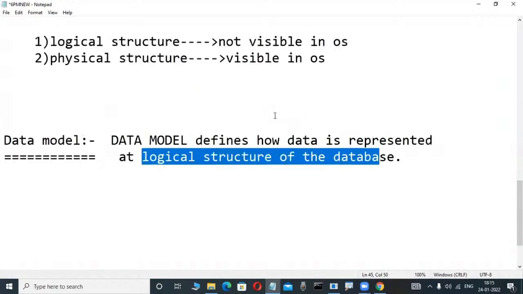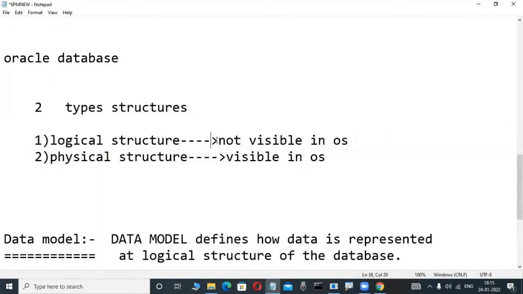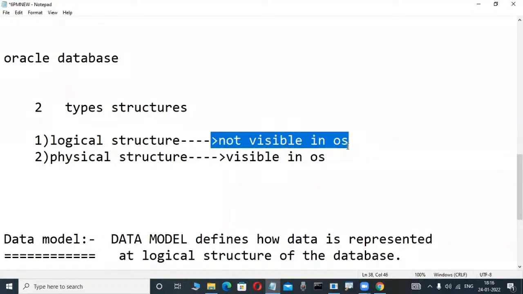In previous classes I told you, a structure which is not visible in the operating system is called a logical structure. Maybe you are creating a table that is not visible in the operating system, but that structure is visible in the database. Very good.